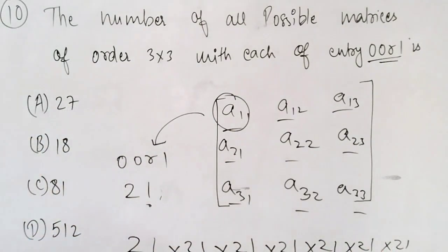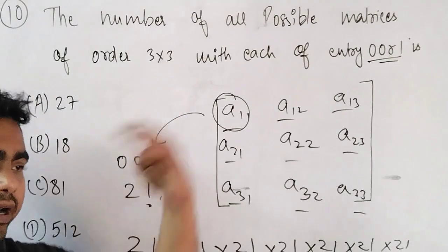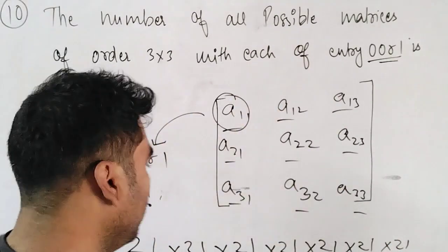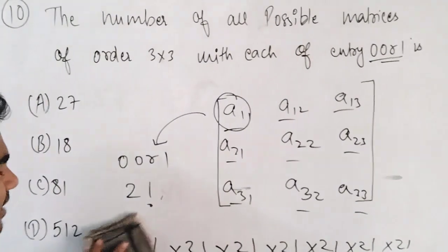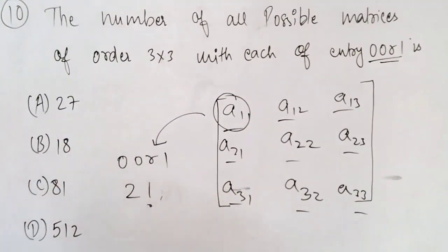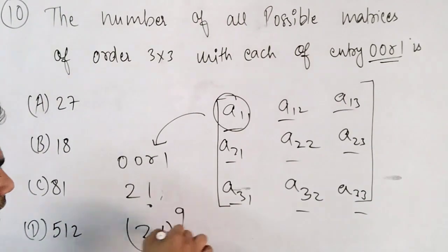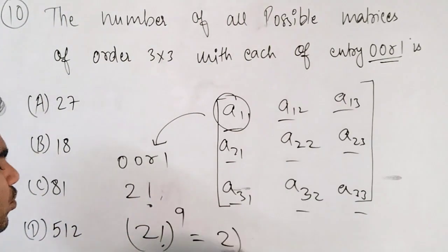It is the fundamental multiplication rule as we have studied in class 11. So in short we can say 2 to the power 9.